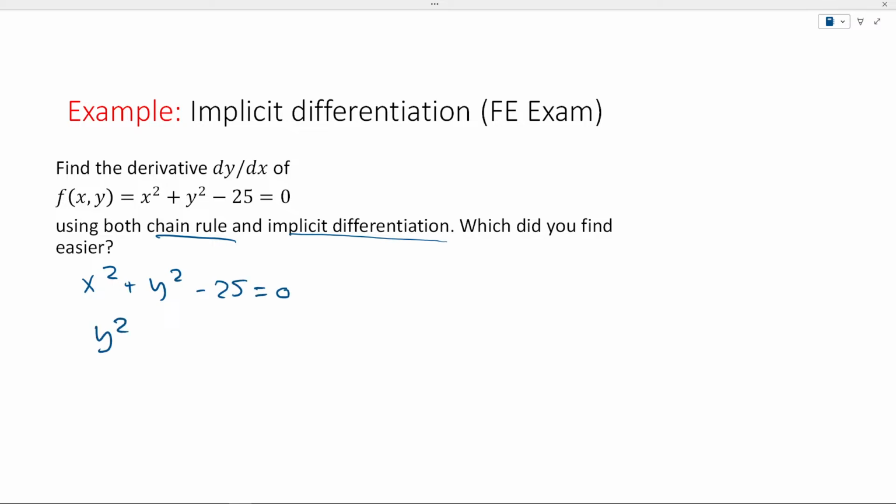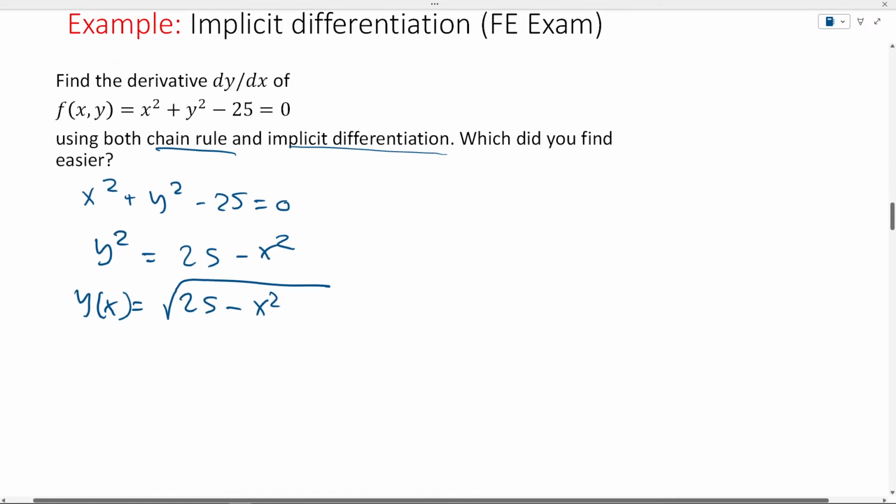So I can say y squared is equal to 25 minus x squared. Then y is equal to the square root of 25 minus x squared. That's what we did before in lesson 1, the calculus review, or derivative reviews that we did before.